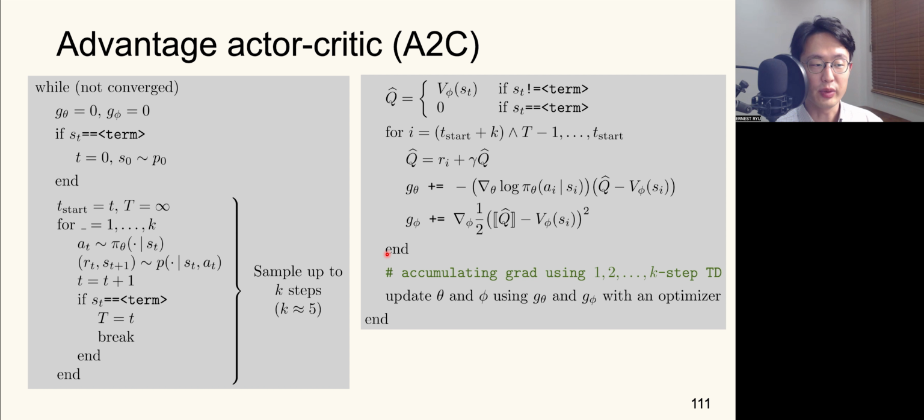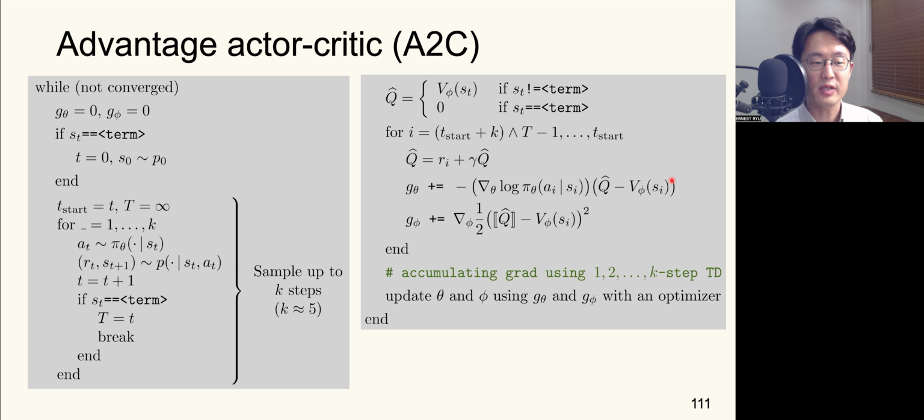Then we're going to form the k-step TD gradient estimates. This is a standard implementation, and it's doing a slightly cutesy thing. We've taken k steps of transitions. Instead of forming a single k-step TD estimate, we'll form a one-step TD estimate, a two-step TD estimate, up to a k-step TD estimate. We do this loop in a backwards order.